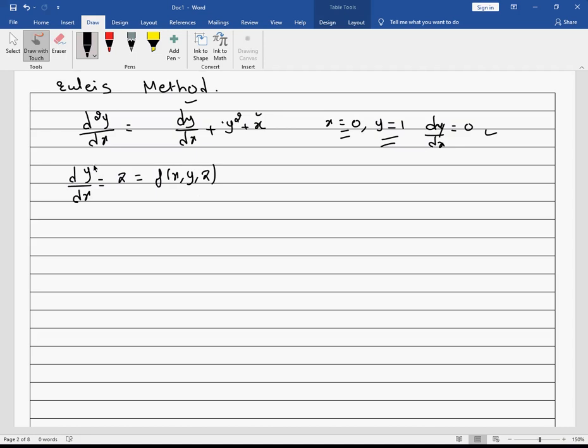Therefore, the other function becomes my dz by dx. Z is dy by dx, so it is the second order, equal to z plus y square plus x. And now I can label this function as phi of x, y, z. This is the way I have created it.